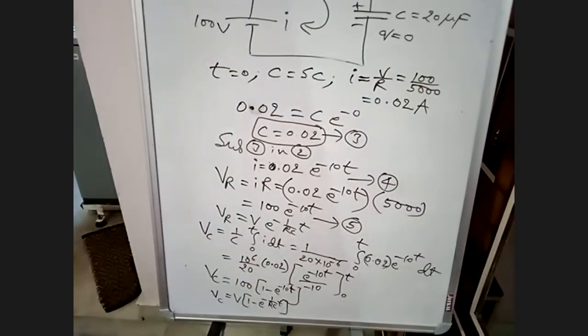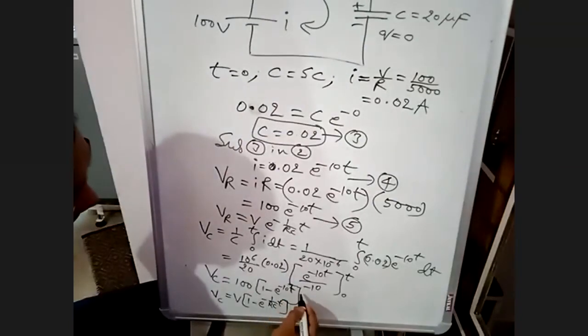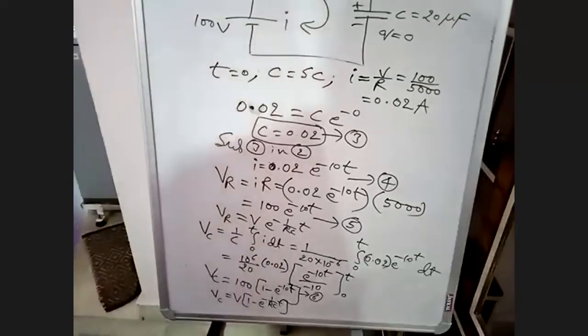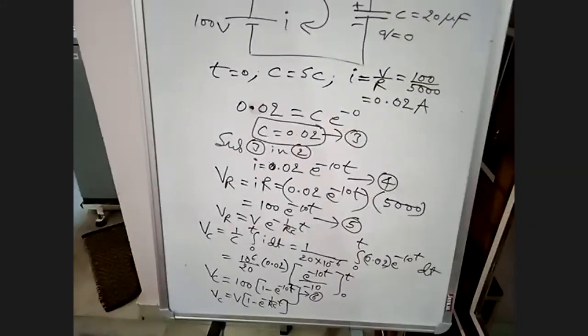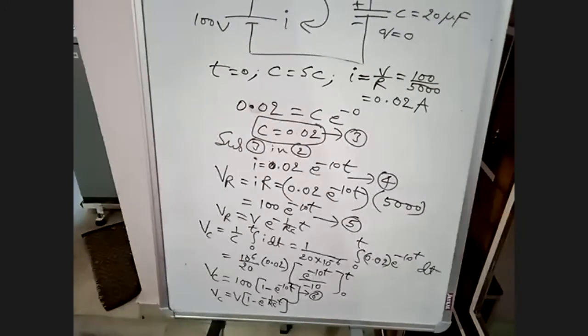Even if you substitute in the formula also, you'll get the same answer. VC is equal to V into 1 minus e power minus 1 by RC into t. This formula you had derived for capacitor voltage in the derivation. That's all about the problem.